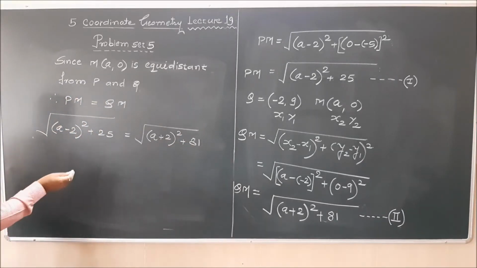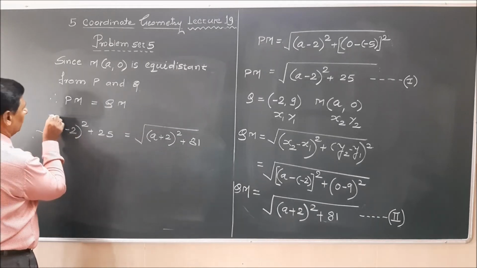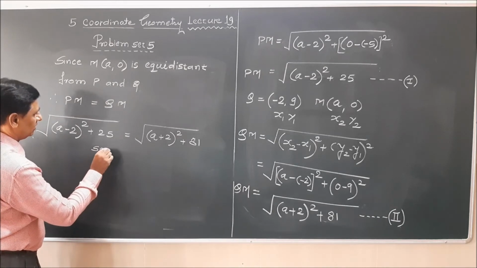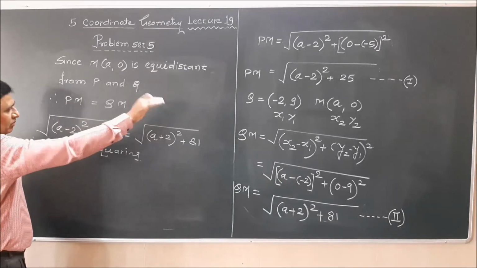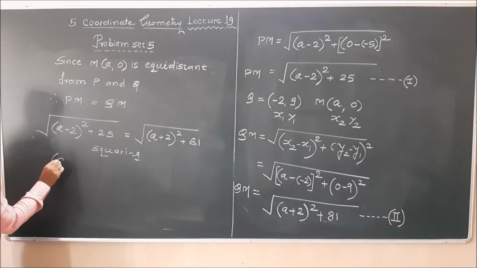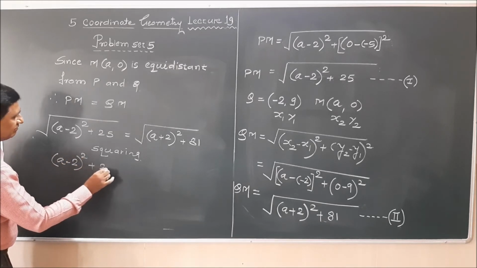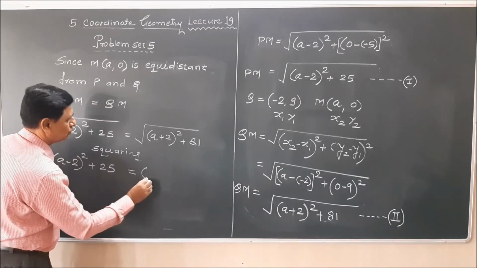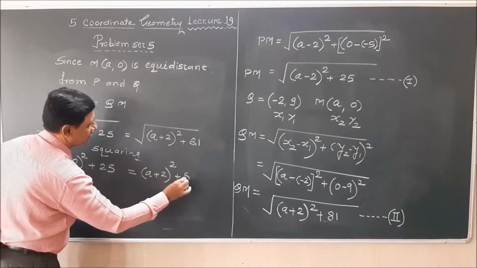So we know here a minus 2 the whole square plus 25 is the value of PM, while the value of QM is a plus 2 the whole square plus 81. Squaring: if we square both the sides, the square root sign from both sides will disappear. So a minus 2 the whole square plus 25 is equal to a plus 2 the whole square plus 81.